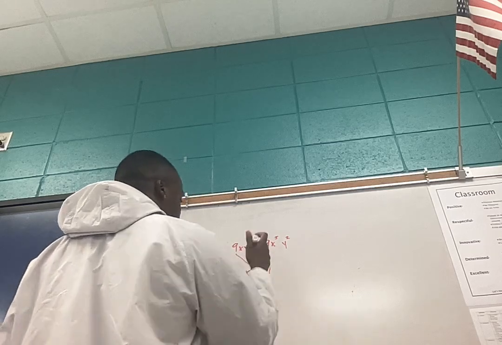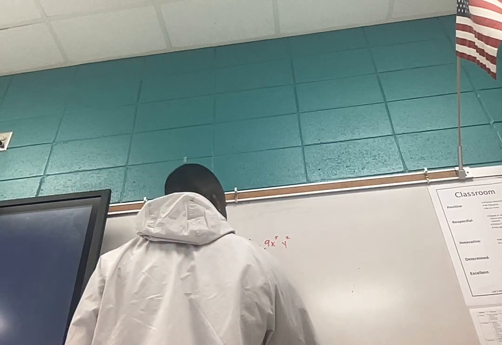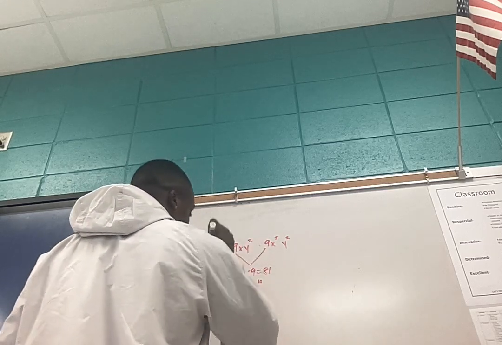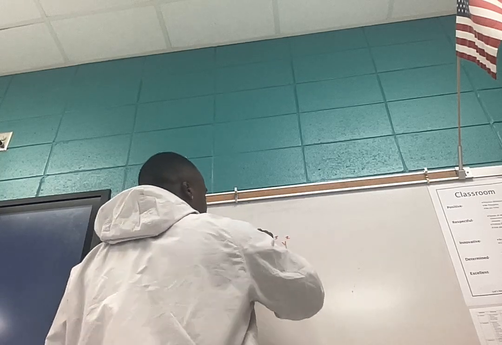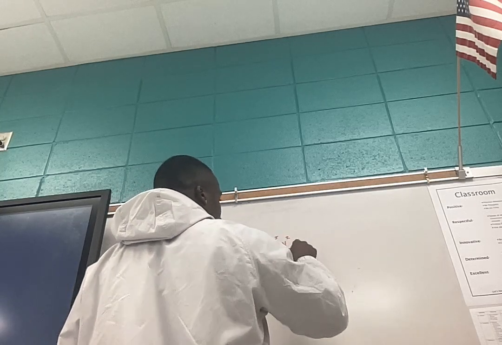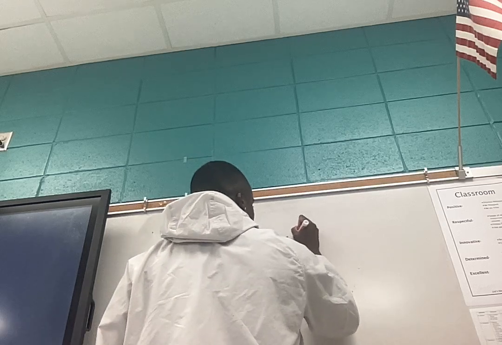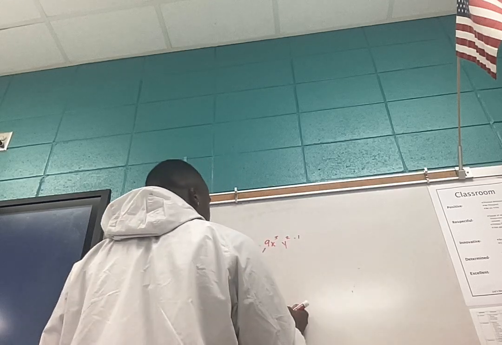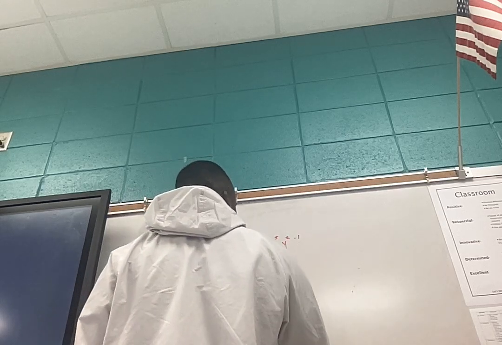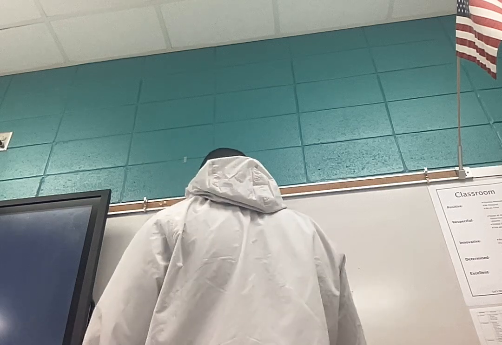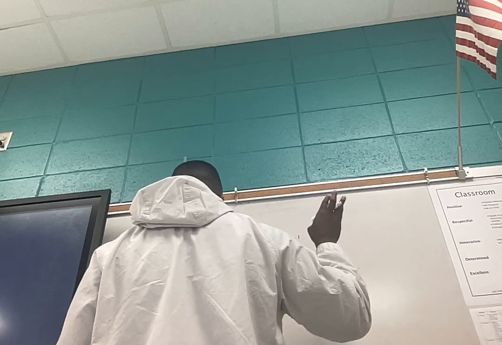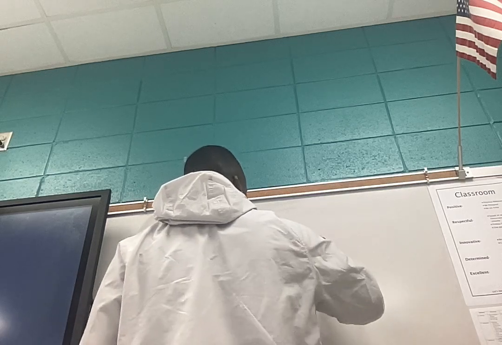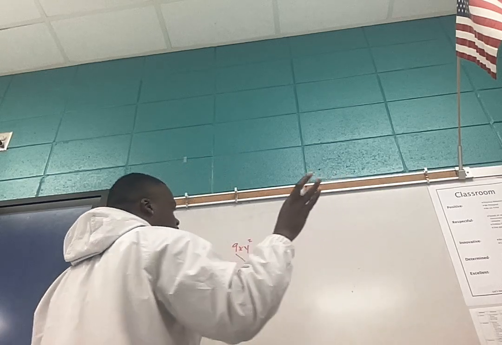So it would be x, and 5 times 2 is 10. Then we put an imaginary 1 and bring our y down. 2 plus 1, I'm sorry, I did that wrong.